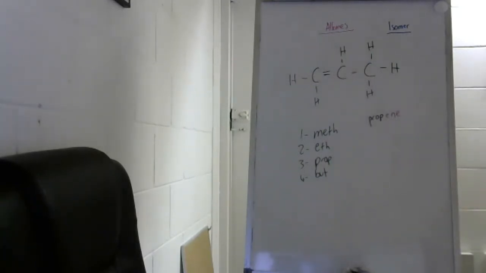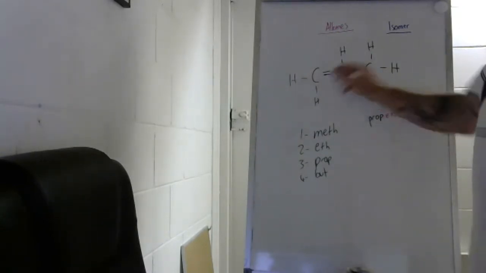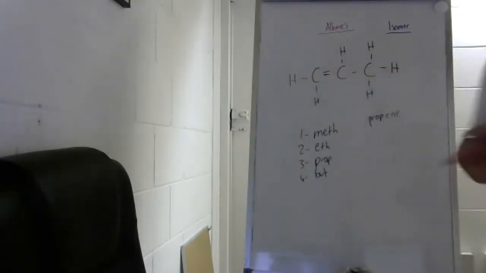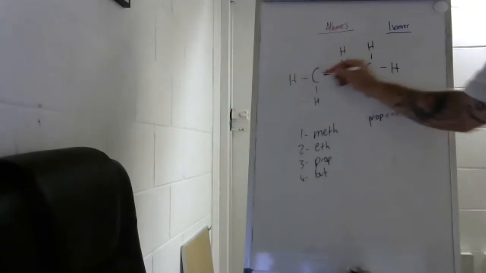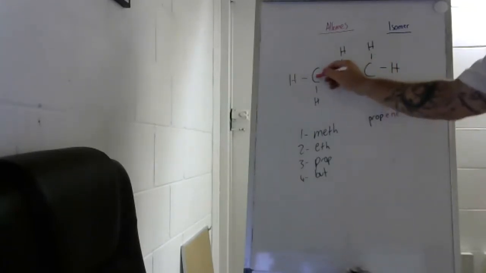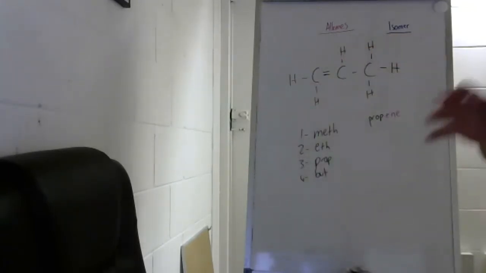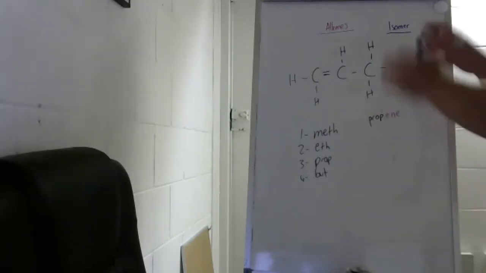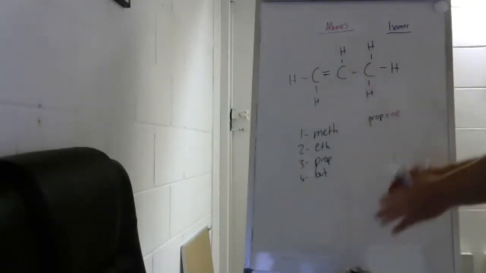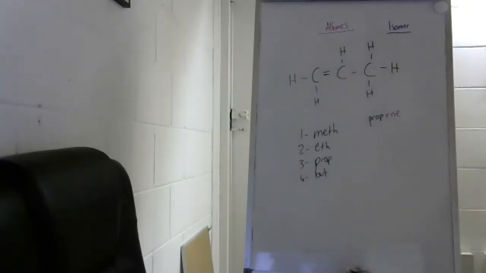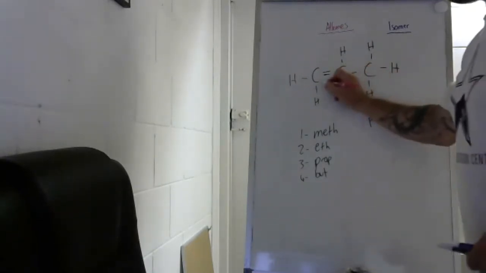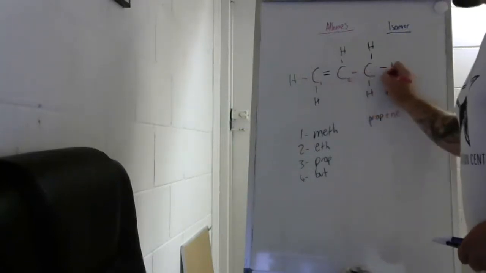That's really important because if the double bond moves to this position, it's something completely different. The very first thing we do when we name the isomers, and an isomer is a molecule that has exactly the same number of carbons and hydrogens, but the position of the functional group is different, is label the carbons 1, 2, and 3.